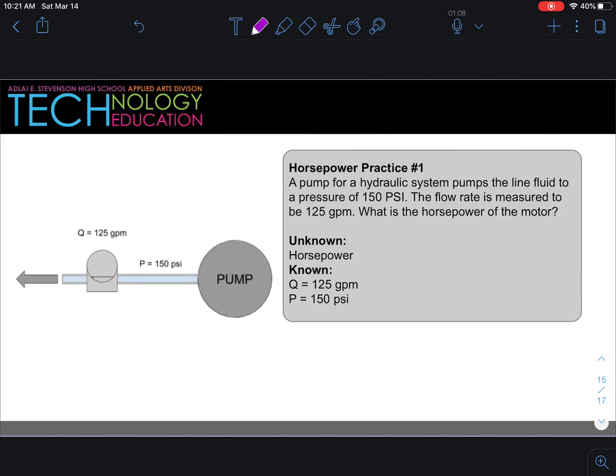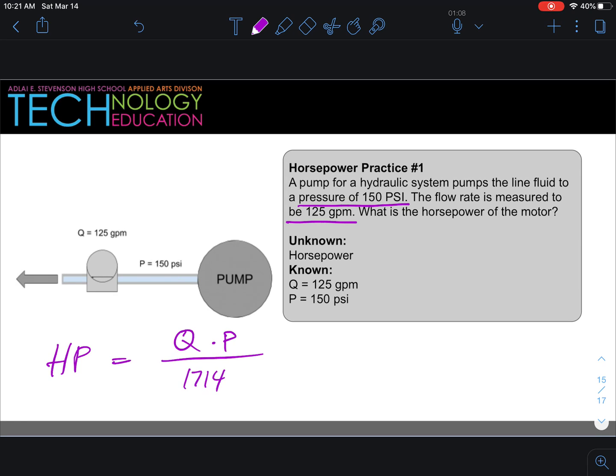In practice problem number 1, we have a pump for a hydraulic system that pumps fluid down a fluid line. Pressure is 150. The flow rate is measured at 125. What is the horsepower for this motor? So we know that horsepower is equal to our rate times our pressure over this constant.